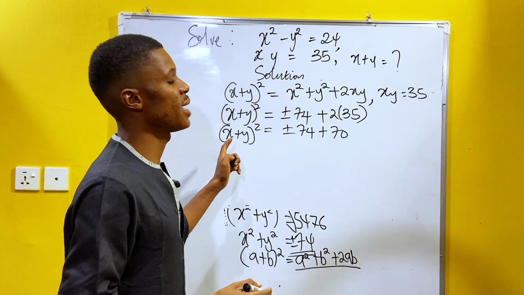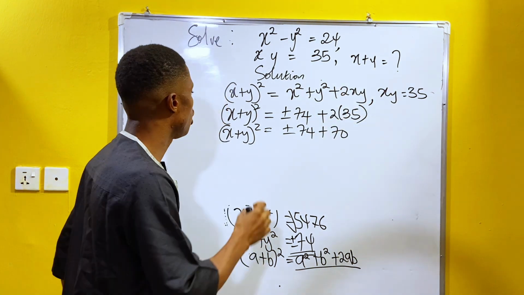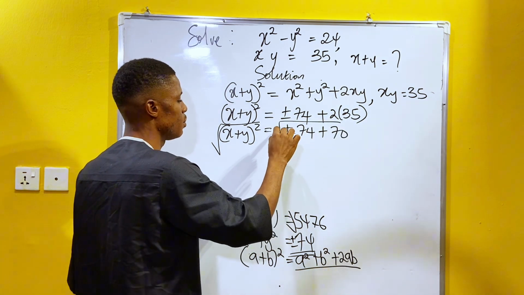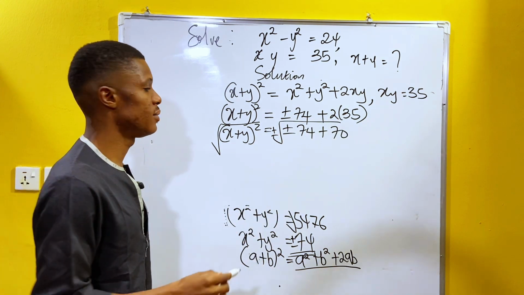So since we're looking for x plus y, we take the square root of both sides, giving us a positive and negative solution.